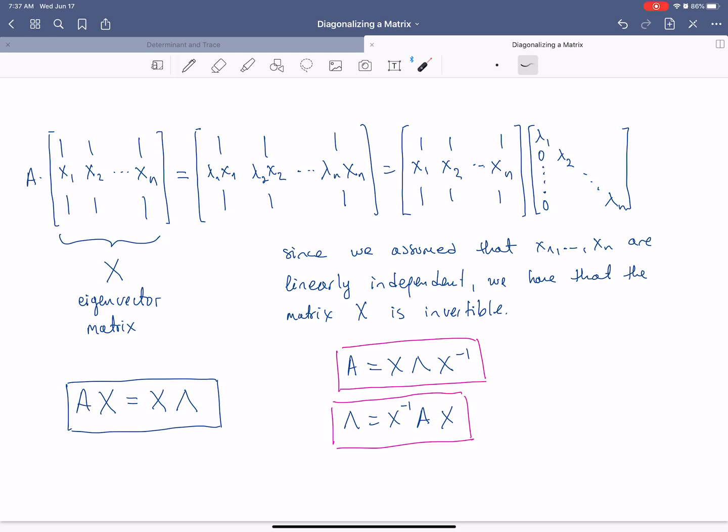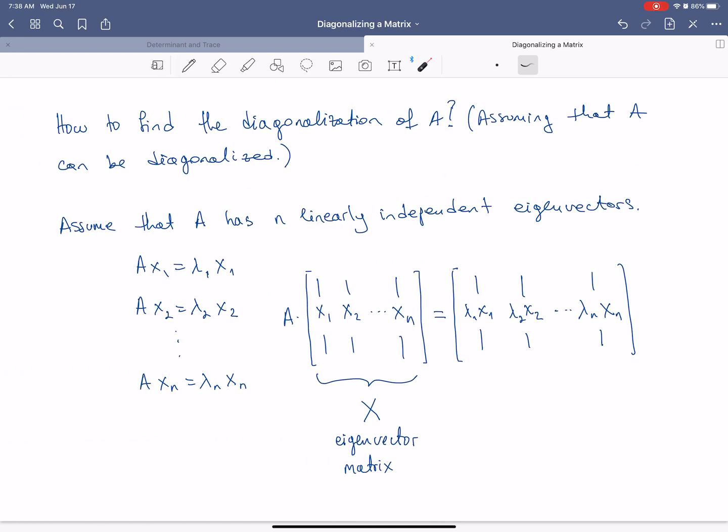Well, who said I have to order the columns in this exact way? I could rearrange them however I like. They are going to continue to be eigenvectors of the matrix A. But then, if I put x2 as the first column, I'll have to have lambda 2.